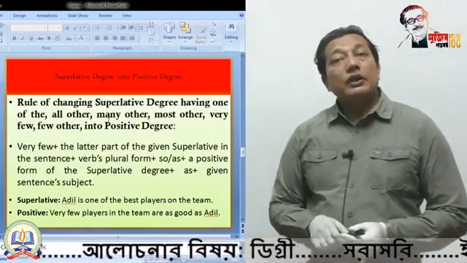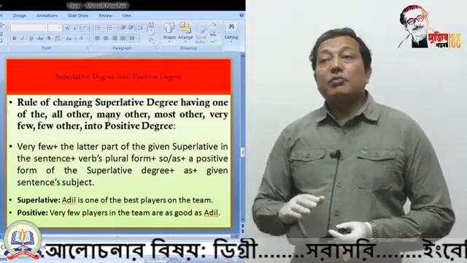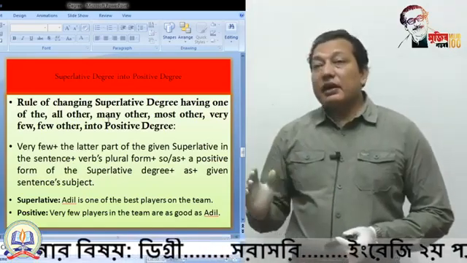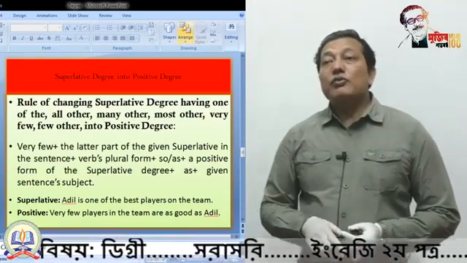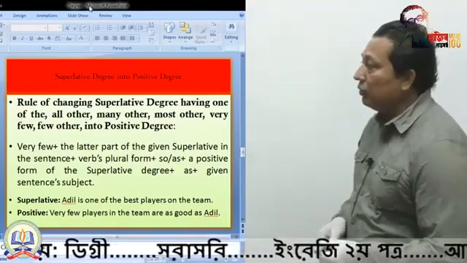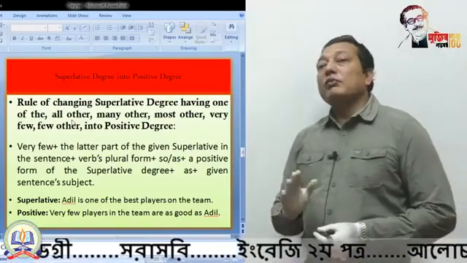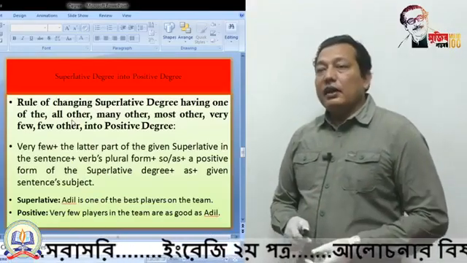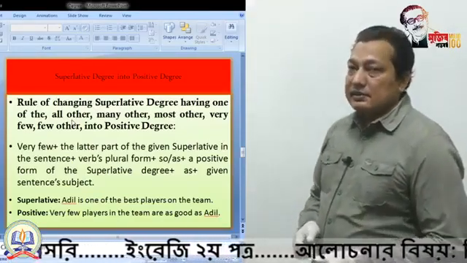At first you have to use "very few." Then the later part of the given superlative in the sentence, that means the rest part after the verb. Then the verb's plural form. That means when you use "very few," of course you have to use the plural form of the verb. Plus "so," plus "as," plus a positive form of the superlative degree, and plus "as," plus the given sentence's subject.